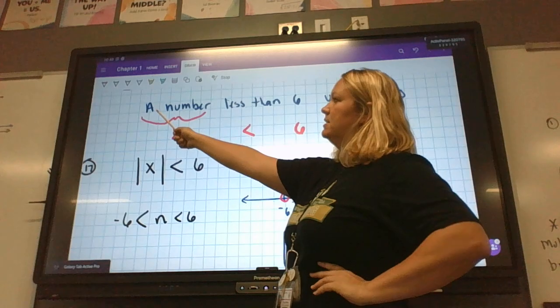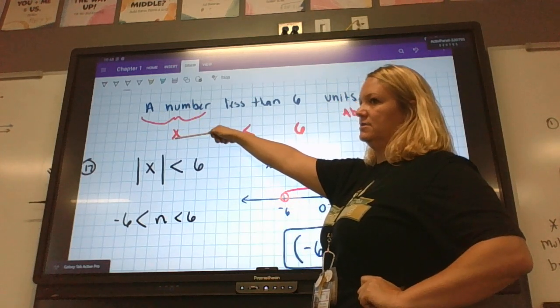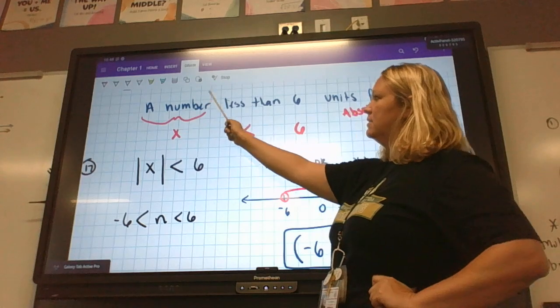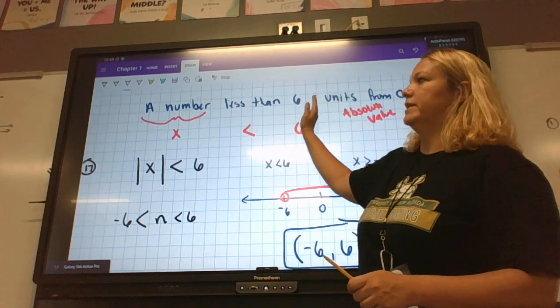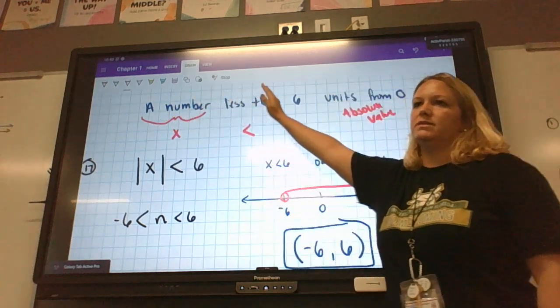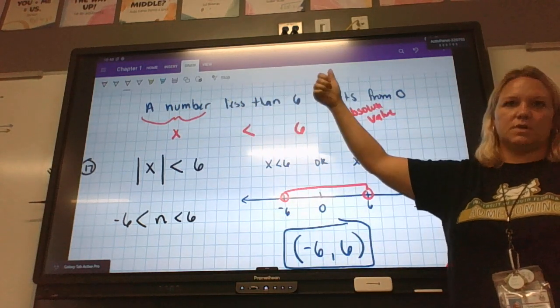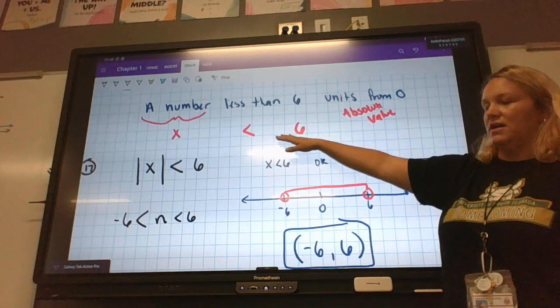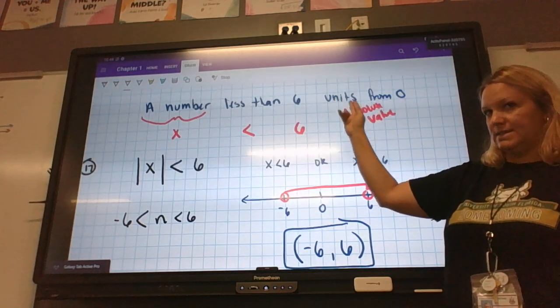So a number in algebra, whenever we read a number, we put an X there or we put an N there. A number less than 6. That's algebra 1. A number less than 6. Reading that and writing this, algebra 1. Good to go. X less than 6. Then it says units from 0. Well, that's talking about distance.